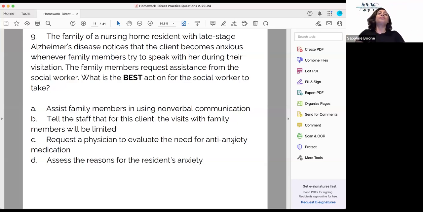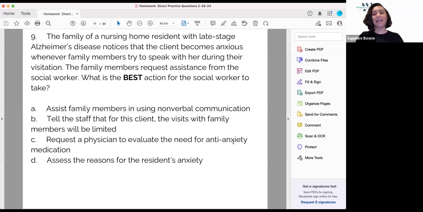So at this stage, if the family members are trying to speak with her and they need assistance, remember, assistance is going to be something that you're going to be doing or helping with. So anything that had to do with helping the resident or the elderly family member really is going to be out.